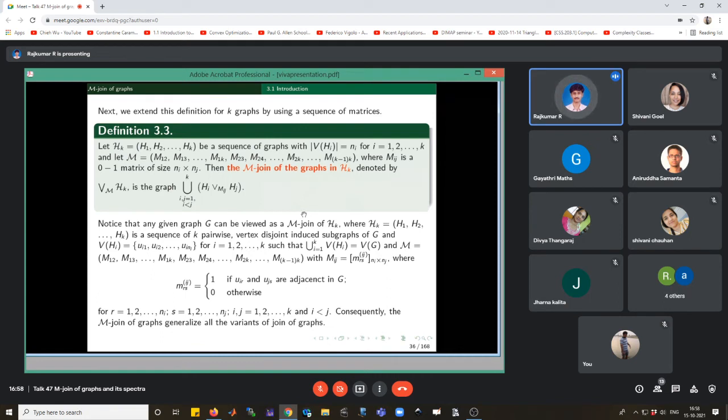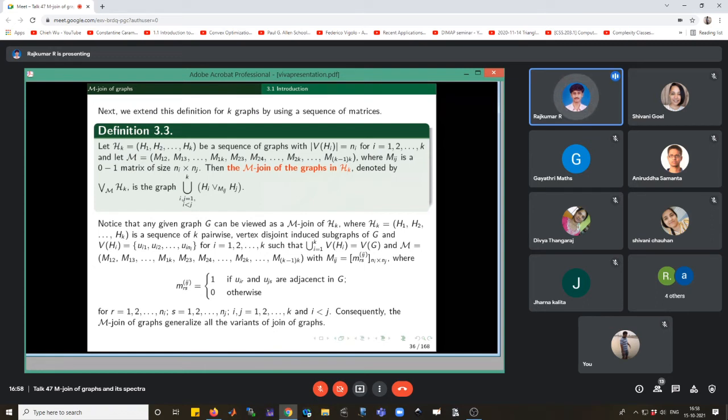Here notice that this particular type of join of graphs has a special property: any graph can be viewed as an M-join of some graphs. This is an important one.